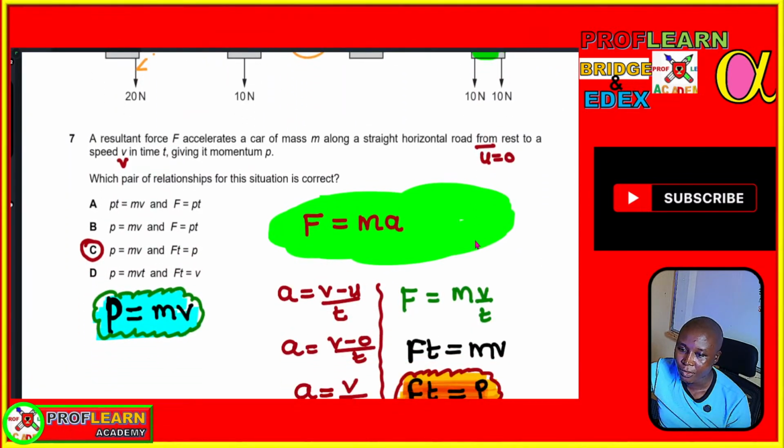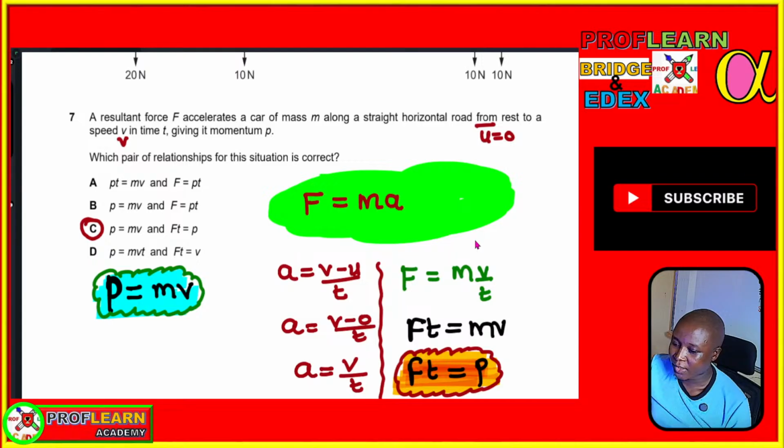Question 7. A resultant force F at that given point. I mentioned that in this particular question, circular motion, whenever an object is moving in circular motion, for instance if a satellite is going around the orbit, the gravitational force is the force that keeps it attracted to the earth.